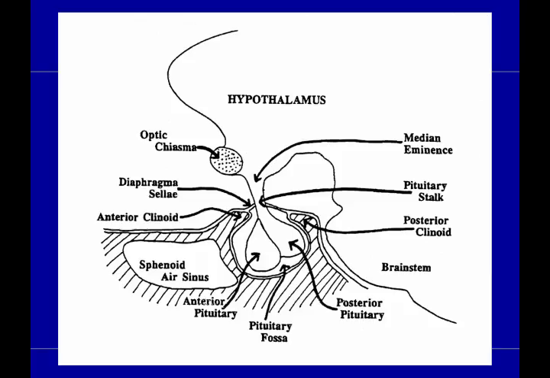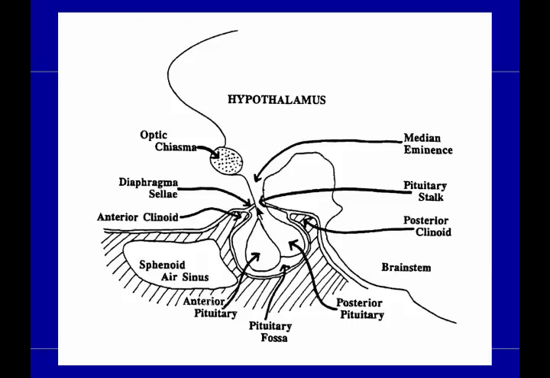This is a schematic representation on this slide of the pituitary, which sits in an indentation in the sphenoid bone called the sella turcica, which has an anterior and posterior clinoids.